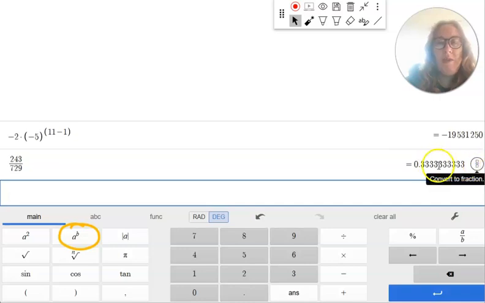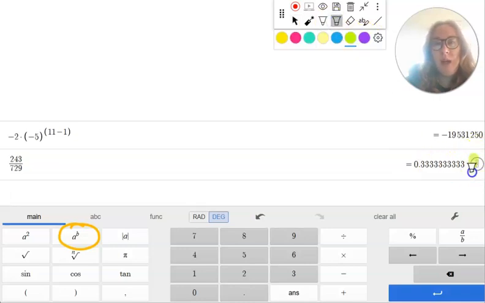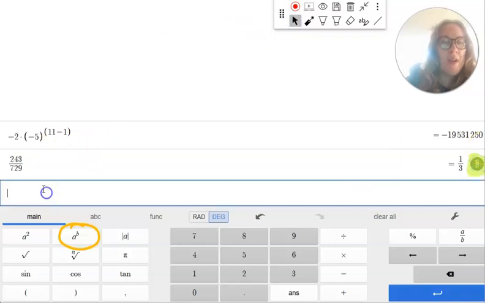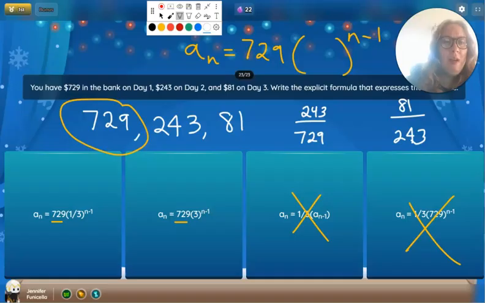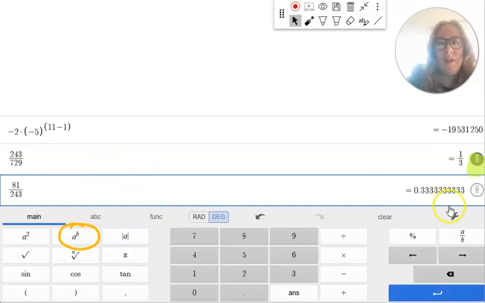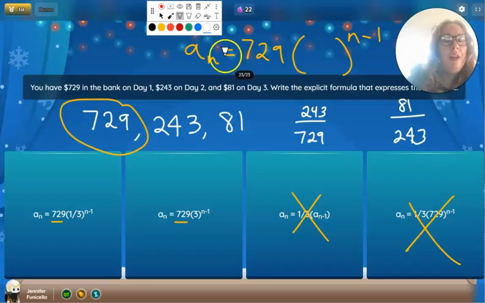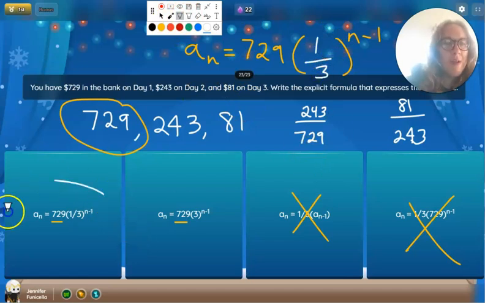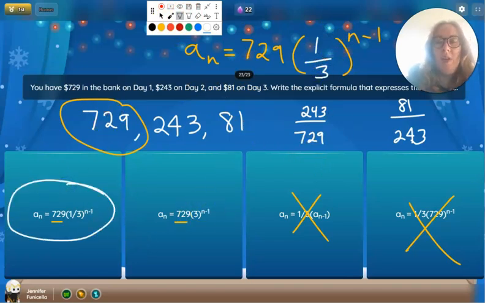If we click this button over here on the right, it will turn it into a fraction, and we get 1/3. And the other one was 81 over 243. You'll see that's also 1/3. So our multiplier in the parentheses should be 1/3. Good, because they're getting smaller.